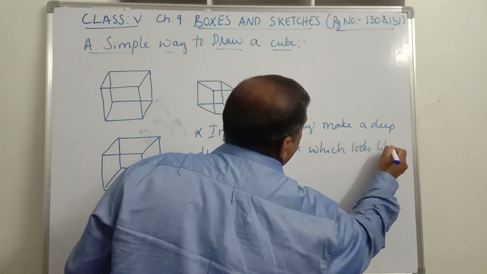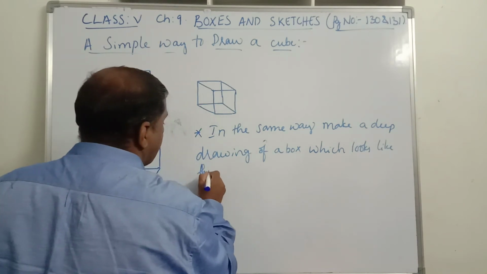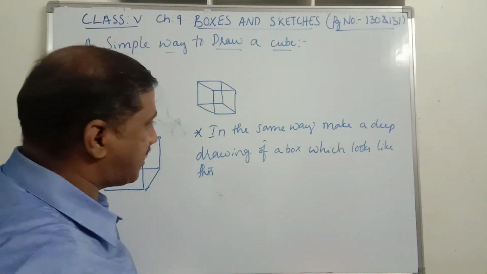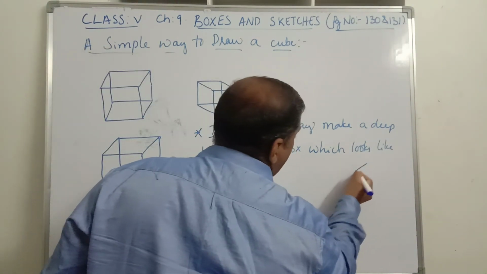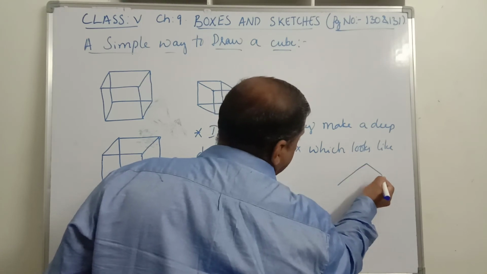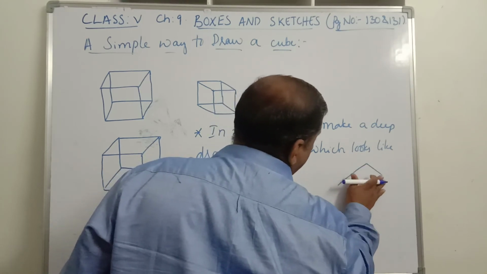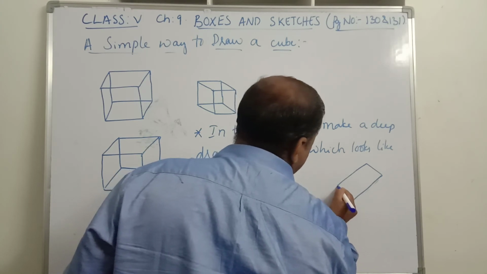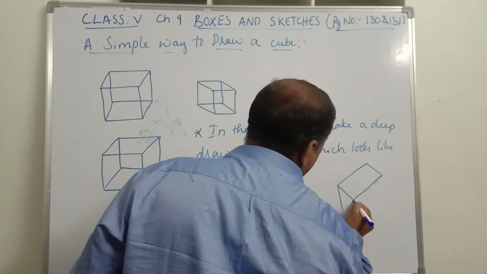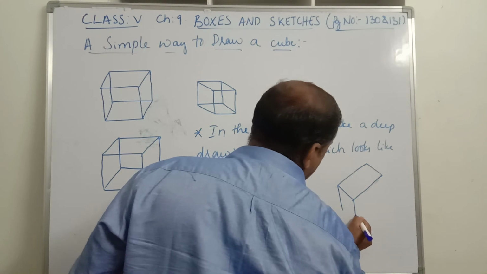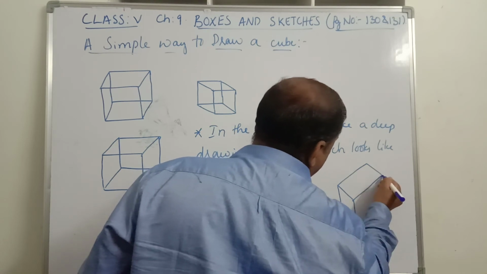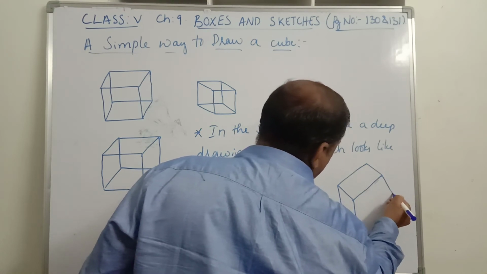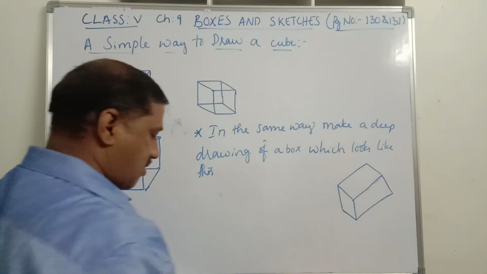It is given in the textbook question. In the textbook, one box is given like this. We have a rectangular face on this, like this. So how to draw one box like this? Join this. So now by joining this we got a box.